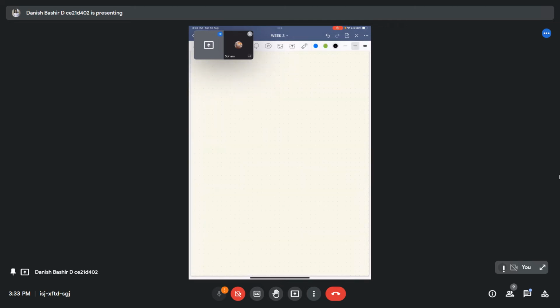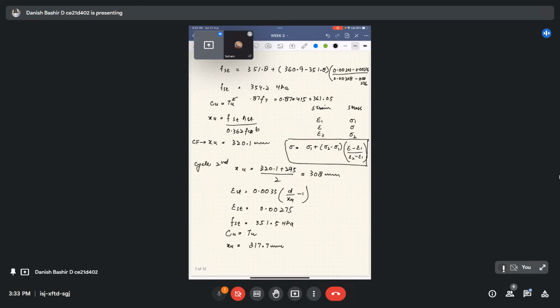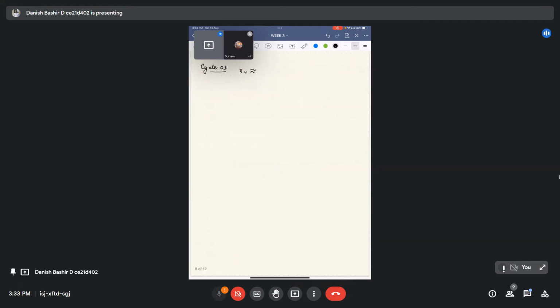Cycle 03. Now what do we have to assume XU as? We will assume XU as the average of the value we assumed, 308, and the value we got, 317.7, so 308 plus 317.7 by 2. We get 313 mm.